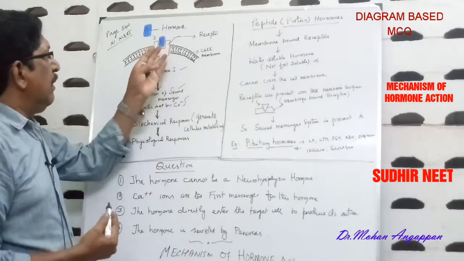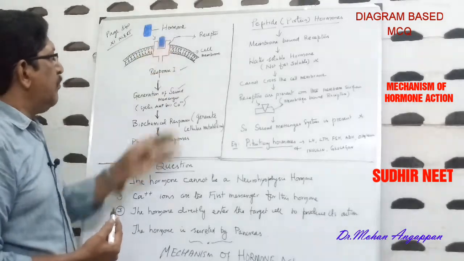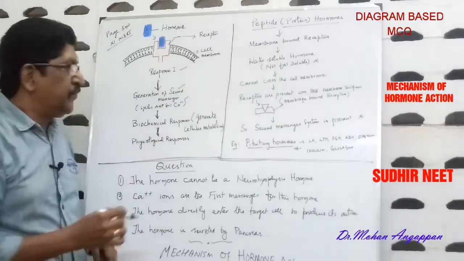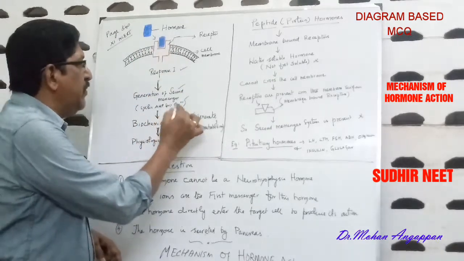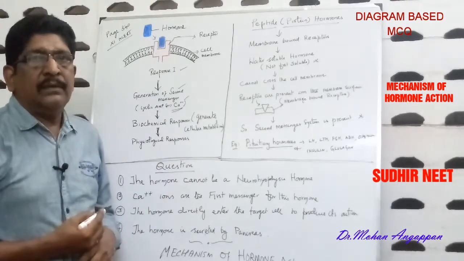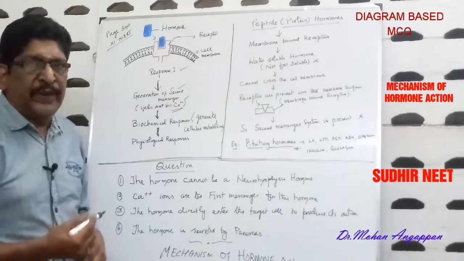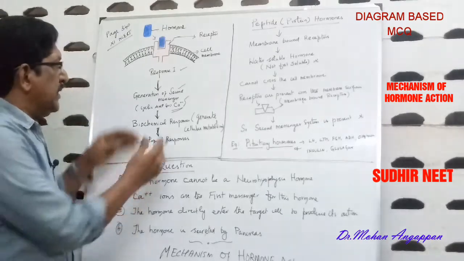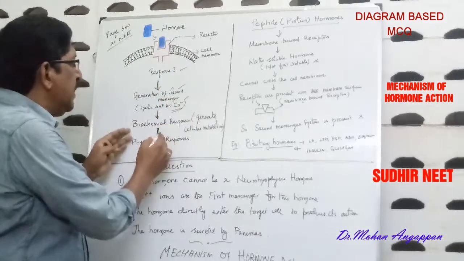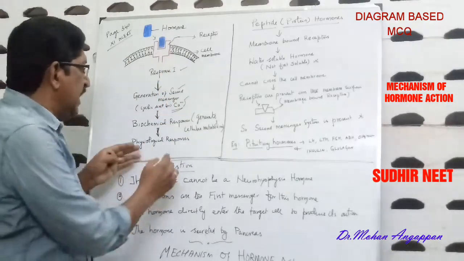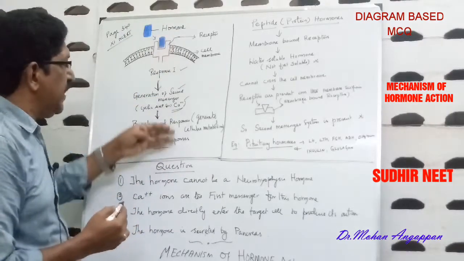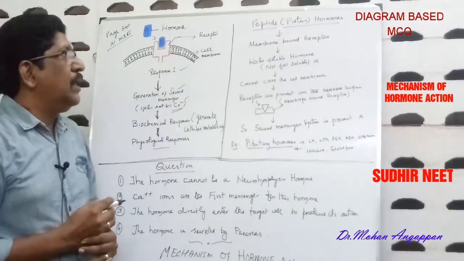So the receptor hormone complex generates a second messenger system with the help of calcium or cyclic AMP, and then this second messenger helps to form the biochemical responses, and then the physiological responses. This is the explanation of the diagram.